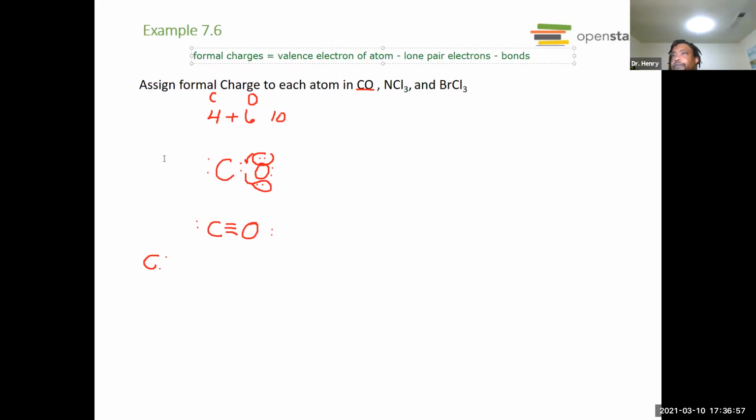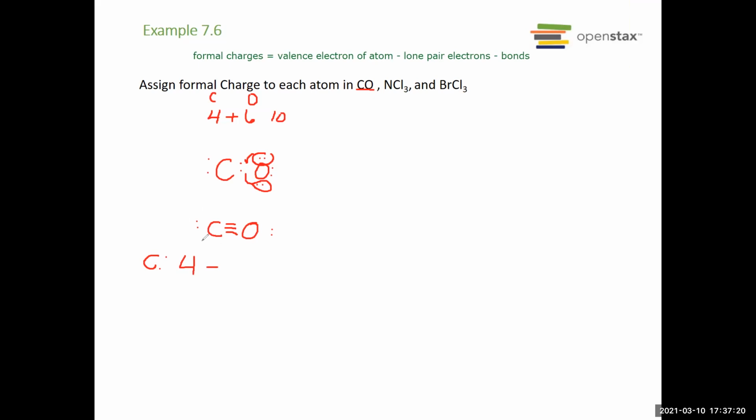Okay, so for carbon, the valence electrons was 4, right? How many lone pair electrons do we have on our carbon atom? There's only 3 of you guys here, so one of you has to say something. What did you say?